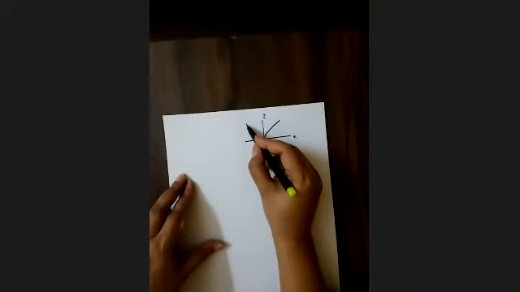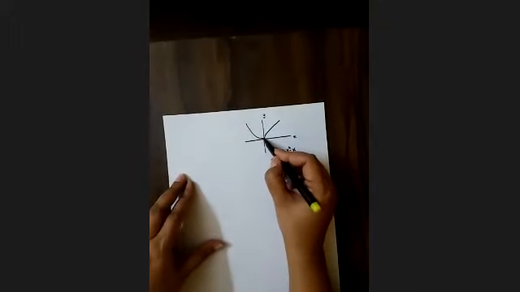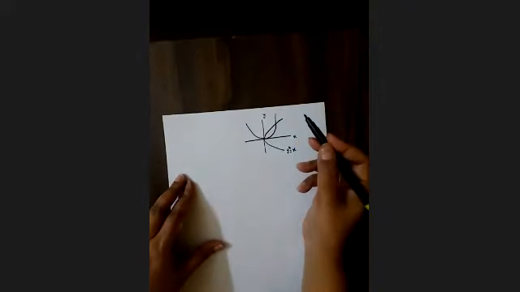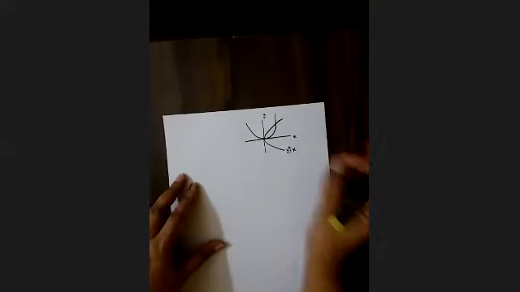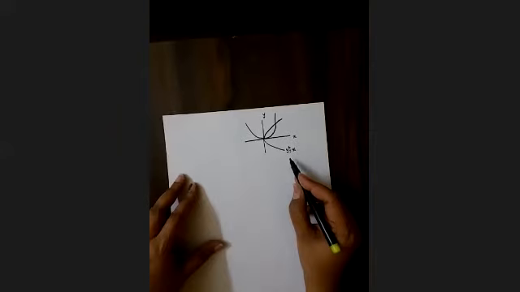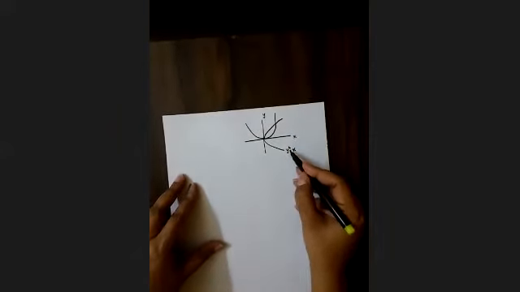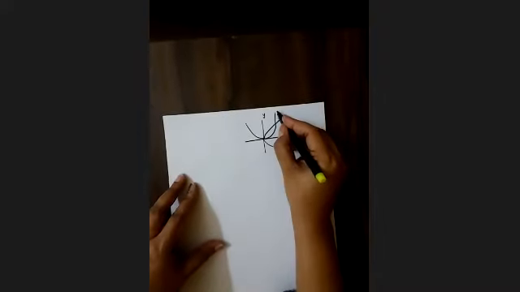And another curve they have given, y is equal to x square. This is also one more parabola, which is symmetrical about the y-axis. Here is a trick for identification: if y has even power, the curve is symmetrical about the x-axis; if x has even power, the curve is symmetrical about the y-axis.